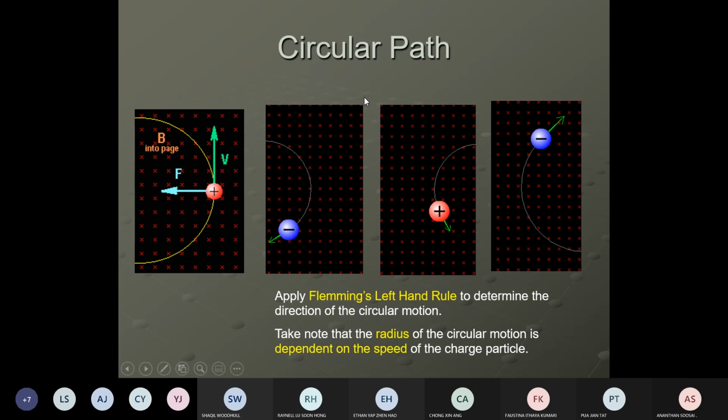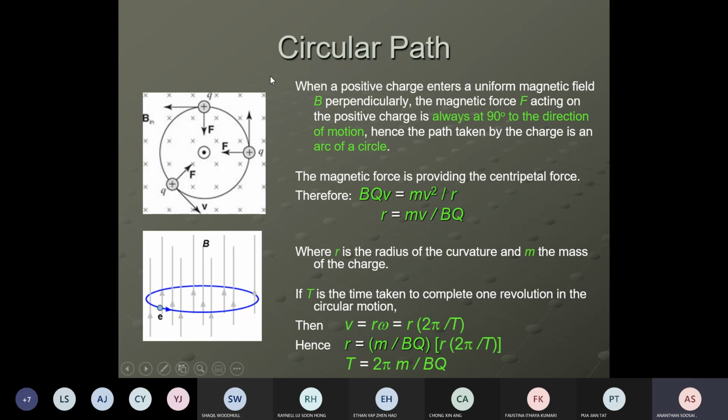So you have to recall all your circular motion knowledge. They will ask you to calculate the radius the charged particle travels. So recall back your circular motion. It's the next slide.